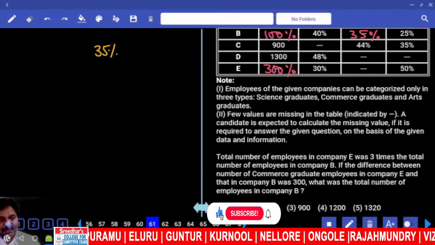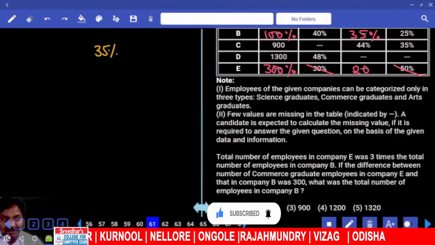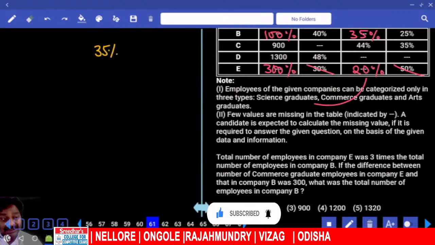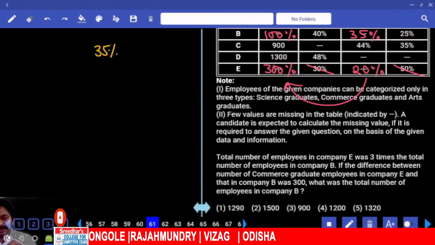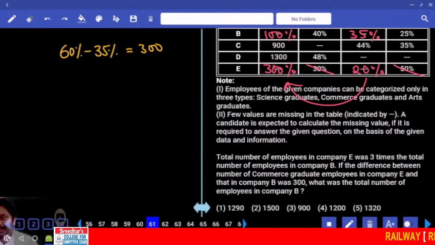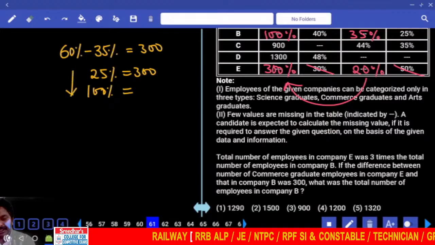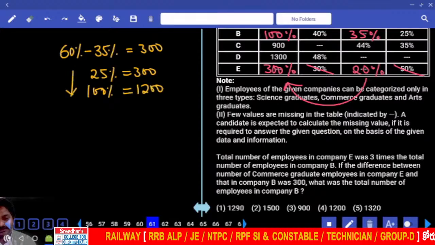If you look at E, 30, 50, 80 we have, remaining 20% calculated on 300, that will be 60%, and our number 300 is the difference, which is 25%. Company B 100%, 4 times, 1200.